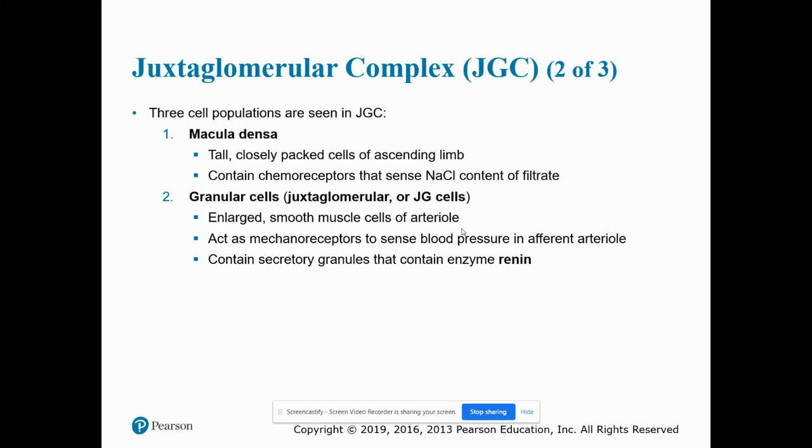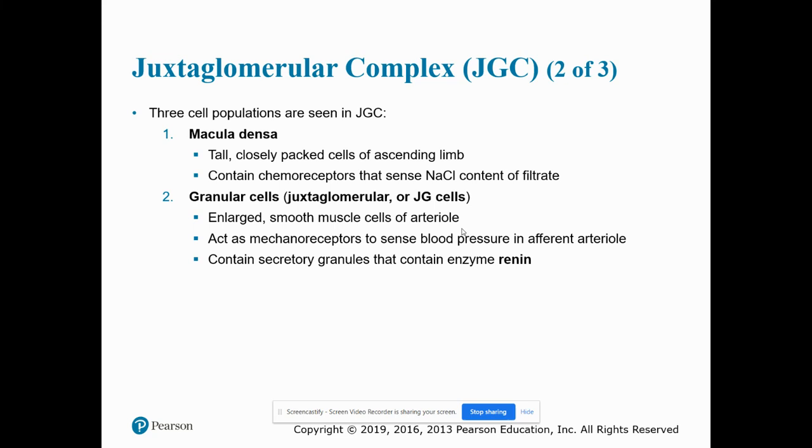The macula densa are tall, closely packed cells of the ascending limb. And they contain chemoreceptors that sense the salt or sodium chloride content of the filtrate. Then we have the granular cells, or JG cells, and these are enlarged smooth muscle cells of the arteriole, and they act as mechanoreceptors to sense blood pressure in the afferent arteriole.